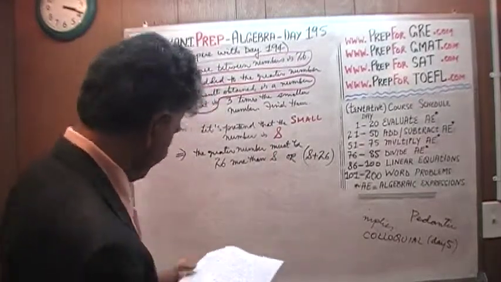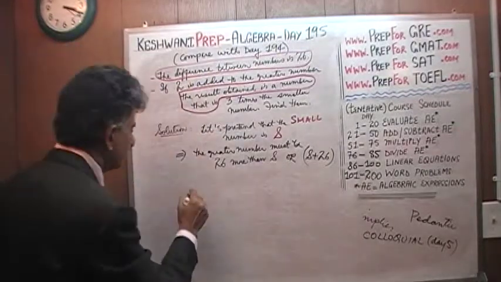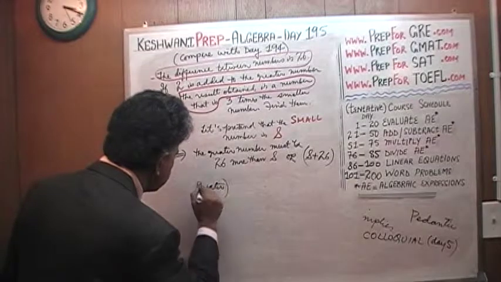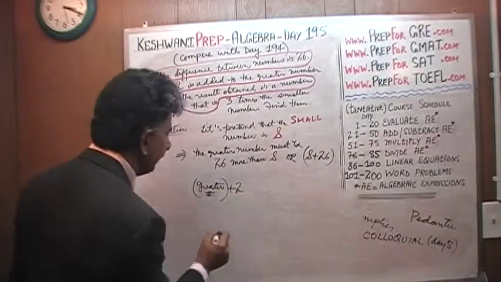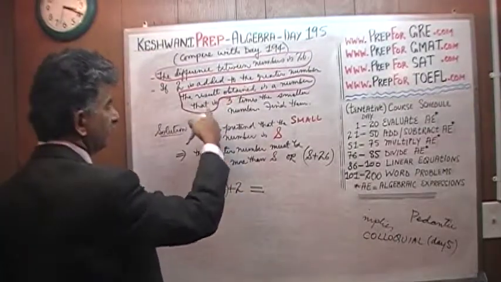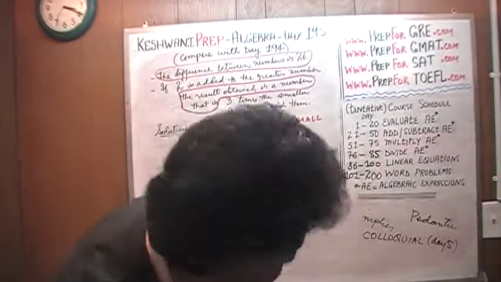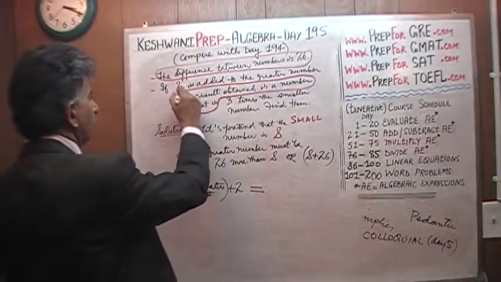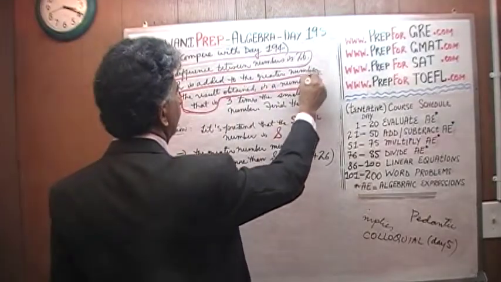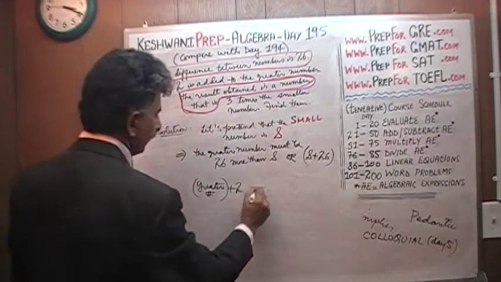Now here's our equation. We are told that if you were to add 2 to the greater number, so here's your greater number, and if you were to add 2 to it, the result obtained is a number that is, all of that translates to an equal sign.